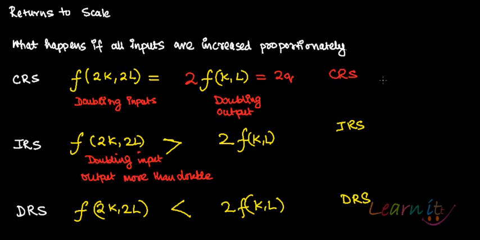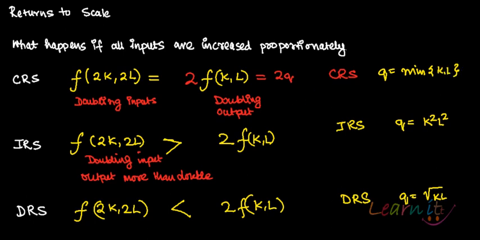Let's say you have the case of your Q is equal to K square L square. This is Q is equal to root of KL. And this is, say, Q is equal to min(K, L).